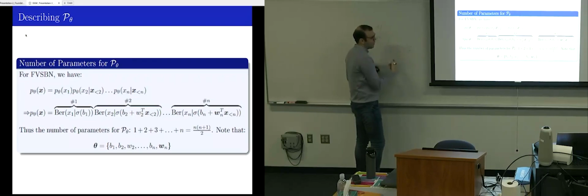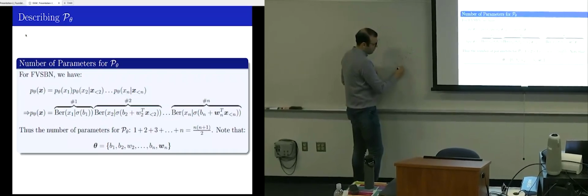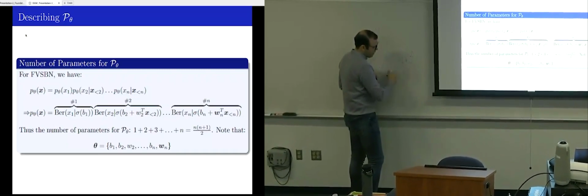Both of them are scalars, but the next one is a vector. Why? Because this is the first element, this is the second element, and it is transposed.